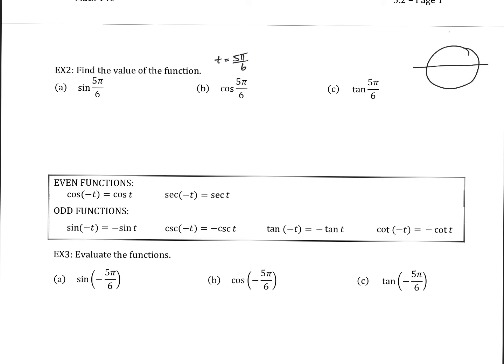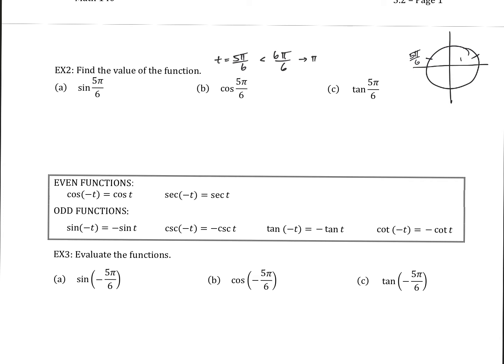Now you might already have it memorized by now, and that's awesome. If not, you do need to end up drawing the unit circle. So 5 pi over 6 is smaller than 6 pi over 6, and that would equal pi. So we know it's basically over here. That's 5 pi over 6.